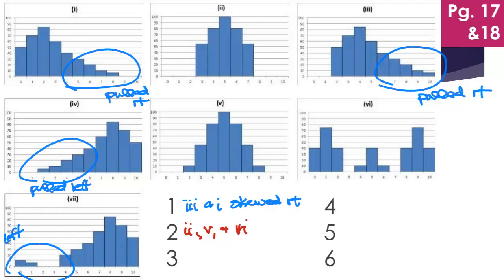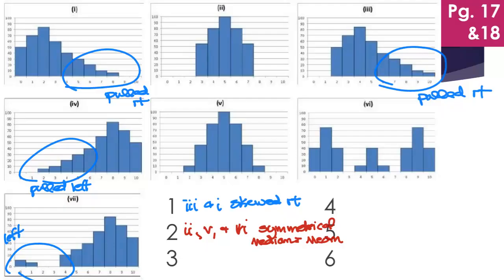Okay? They are symmetrical. So if you have a symmetrical histogram, the median is going to be equal to your mean. Okay? Any questions about those 2? Those aren't too bad.